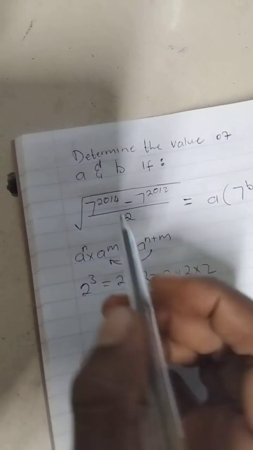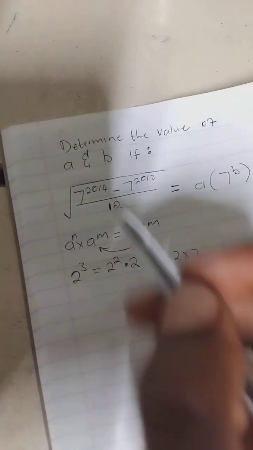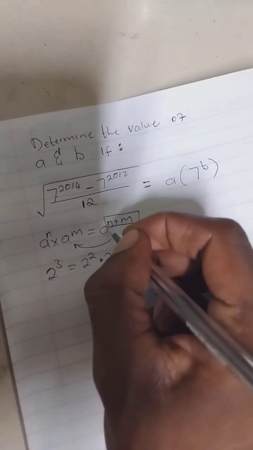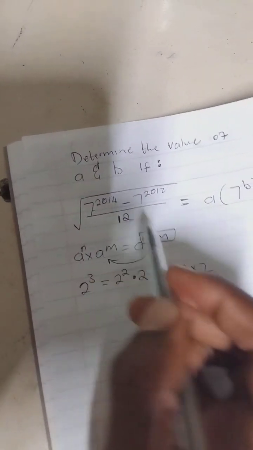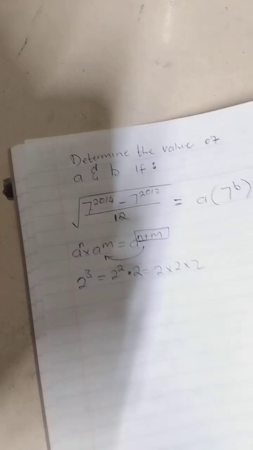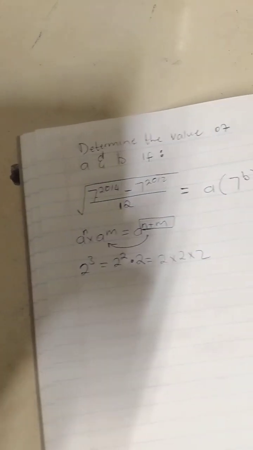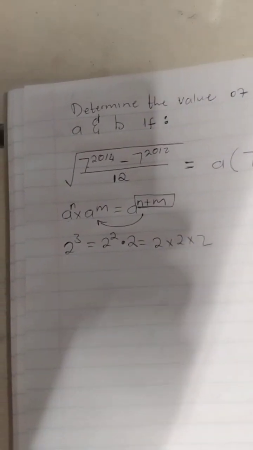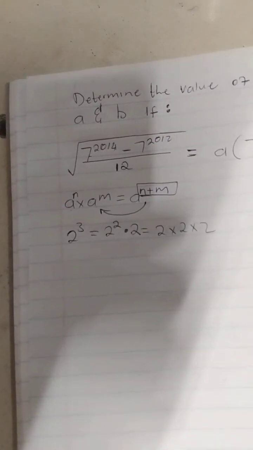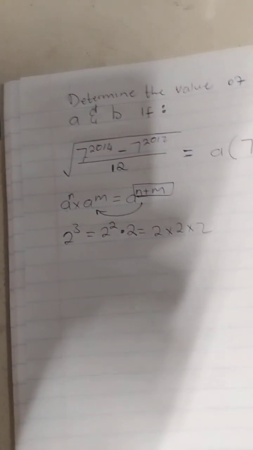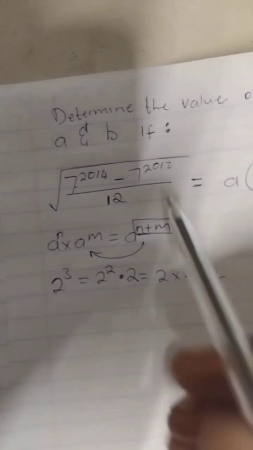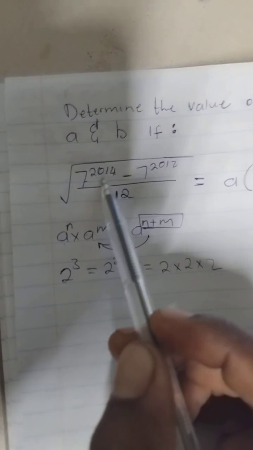We will assume this 2014 is equivalent to this, and we are going to break this 2014 into two parts. How can we break it?